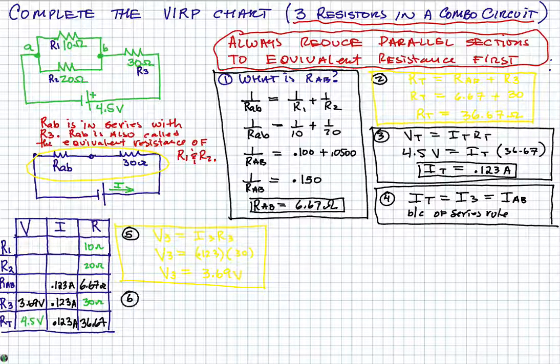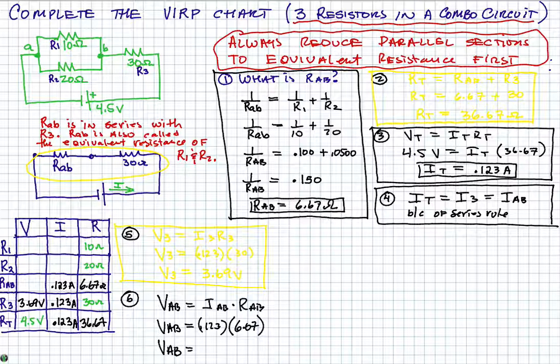Okay, step 6. Let's figure out what the voltage of AB is. That's IAB times RAB. So VAB is equal to 0.123 from the table times RAB from the table. So VAB is equal to, plug it into the calculator, and what do I get?